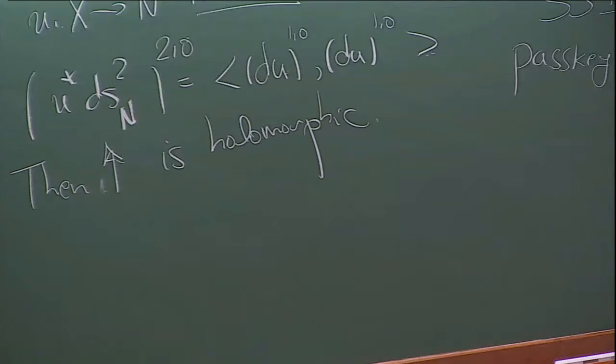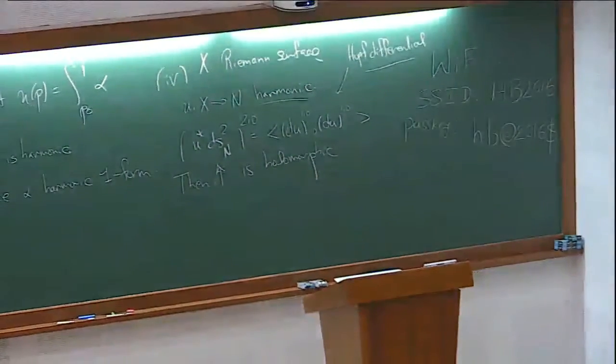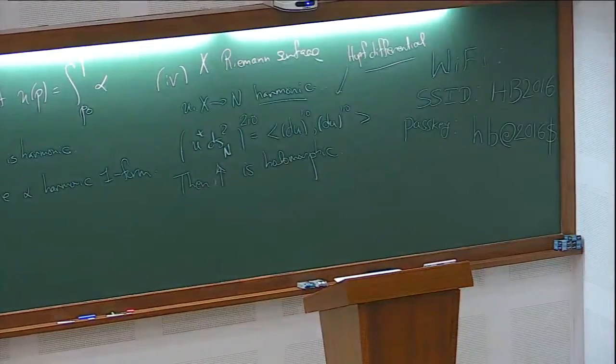So what we see is that in the case where we have a Riemann surface, what appears from harmonic maps naturally is a holomorphic quadratic differential. And this is a phenomenon that we're going to see in higher dimensions as well. All right, so those are some simple examples of harmonic maps.